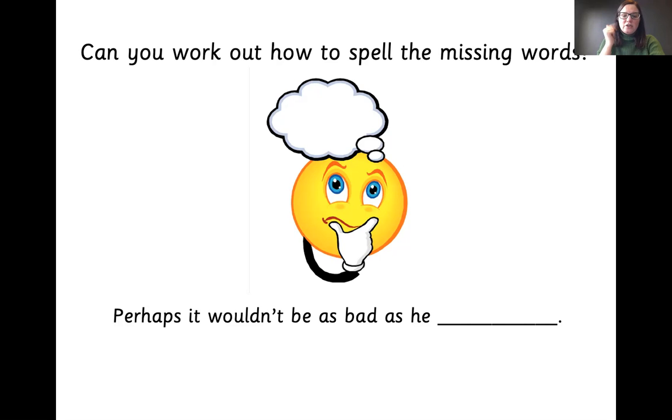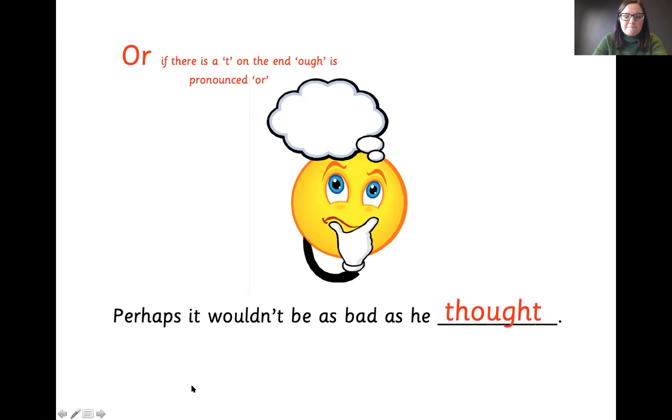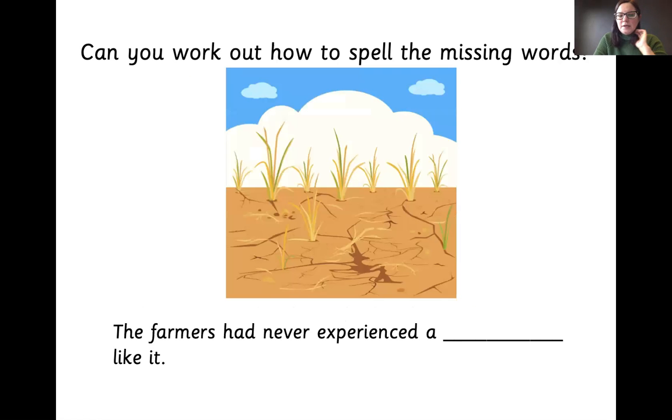It's T-H, or. How are we going to do that or sound in the middle? O-U-G-H, thought on the end. We need the T on the end as well. Let's check it. There we go. It's the or sound, and it's got that T on the end that gives us a clue that it makes the or sound in that word.